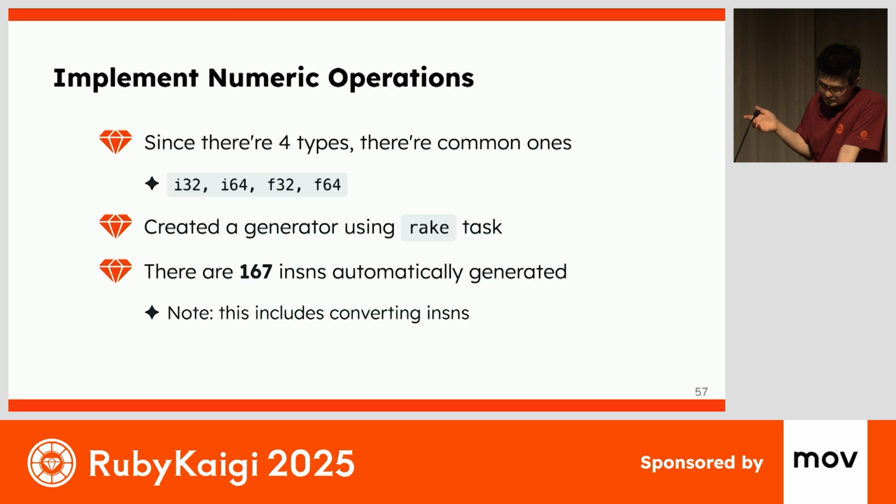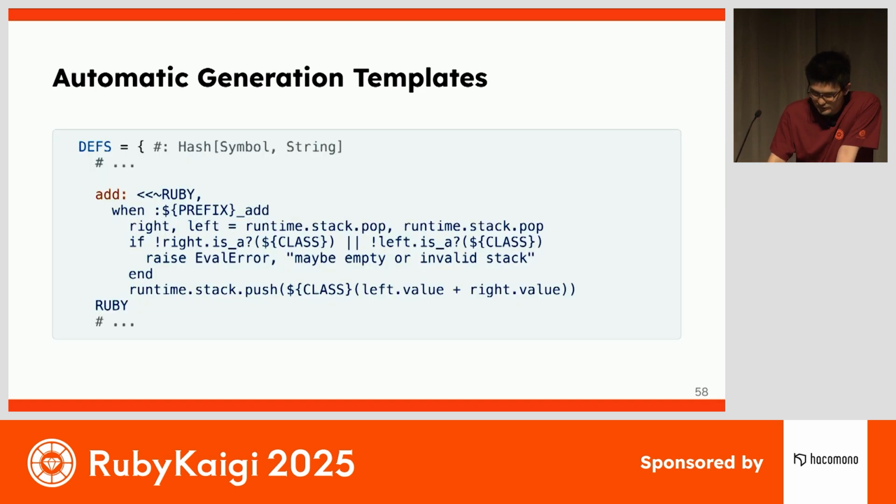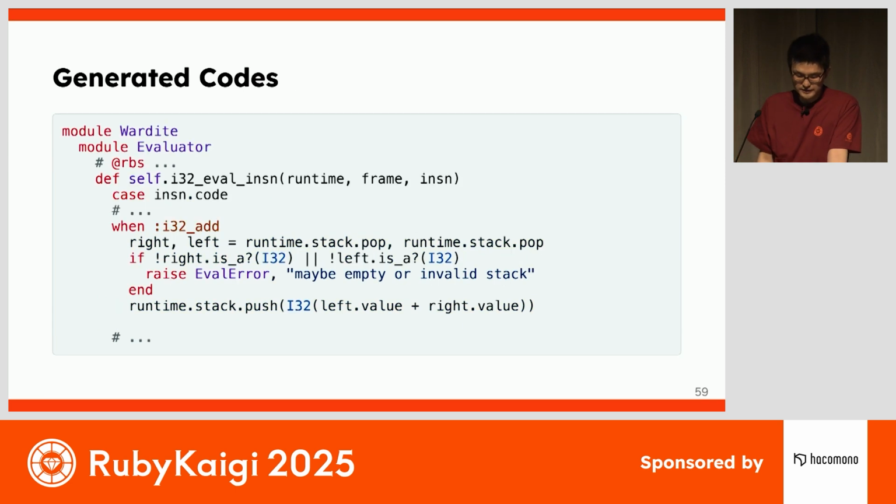For these common instructions, I created a generator to produce them collectively. I created a very simple template like this. Here's the generated code. Okay, with the basic instructions covered, I thought about running a more practical program.